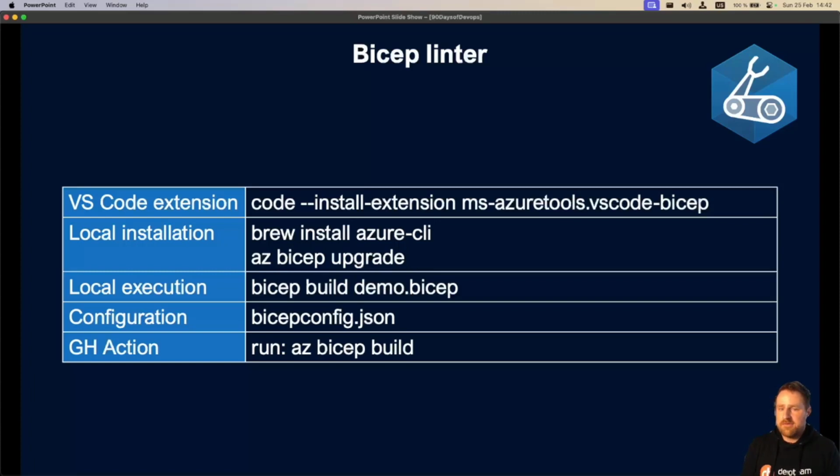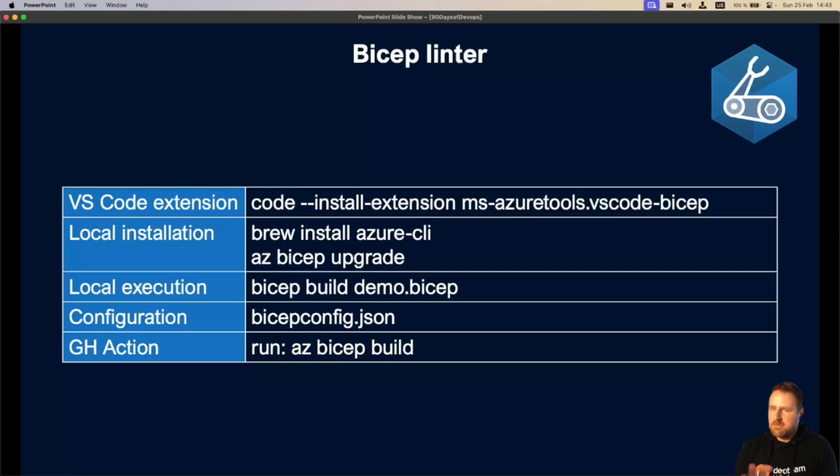You have a VS Code extension that is a must-have if you're coding in Visual Studio Code, because that gives you that language server and all the IntelliSense and all the linting capabilities that are built into the editor. So you don't need to run that validation in the command line, which you can still do, but it's much easier if you get that instant feedback in the editor rather than relying on some execution of the tool itself.